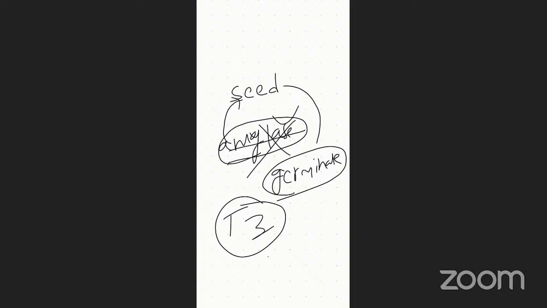Next one, seed viability: block 2, fourth unit, seed viability and genetic erosion. Both are very, very important.